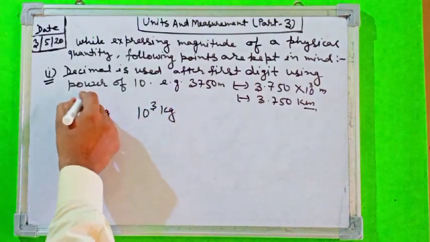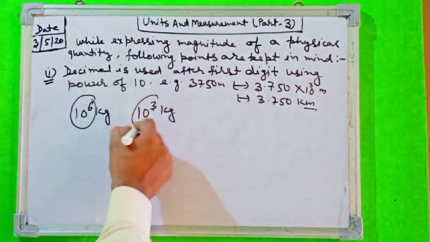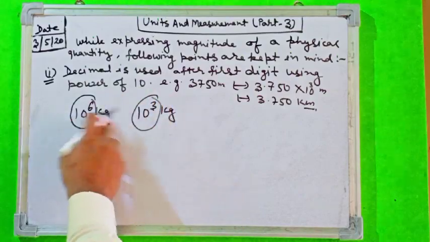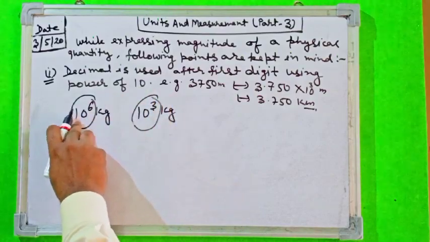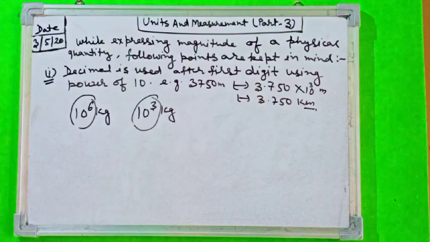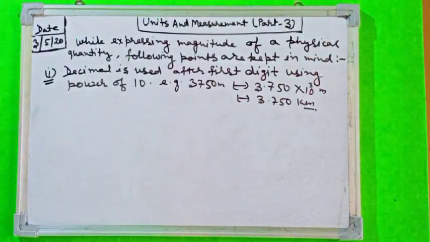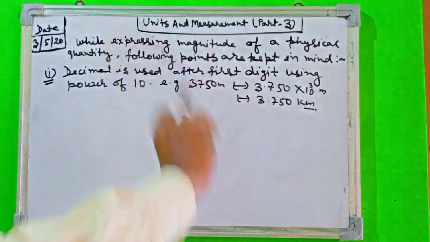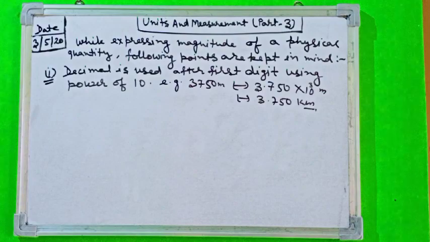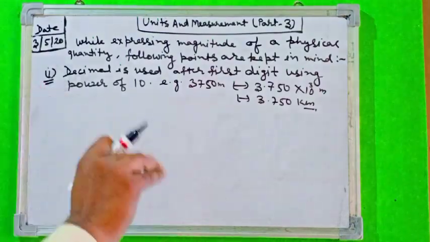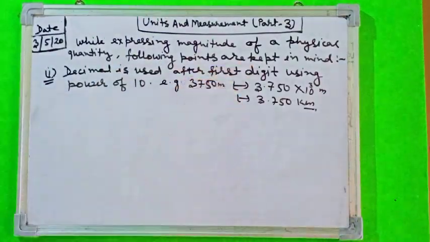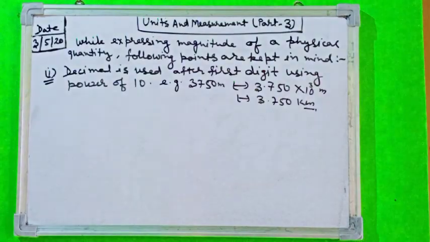So this depicts not the exact value, it only depicts the range. So for measurement of the bigger quantities, we only use the range, and for easy knowledge of the range, we express the measured value as the power of 10.